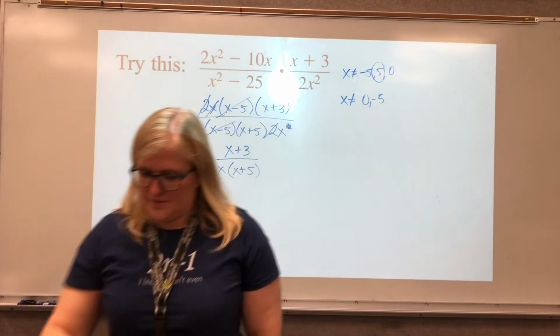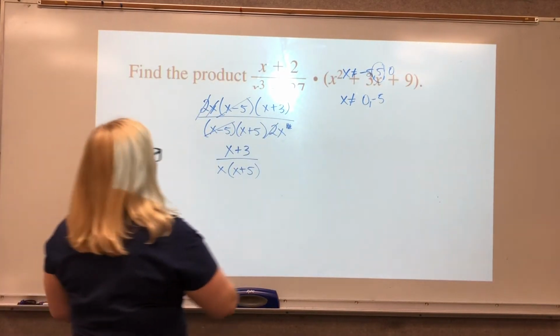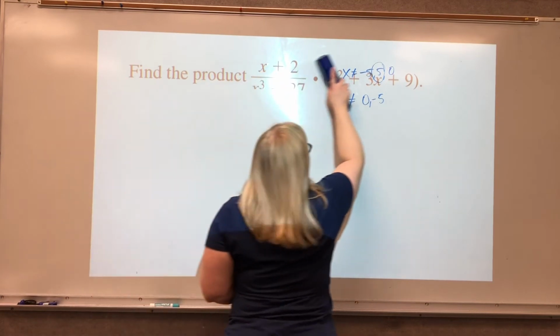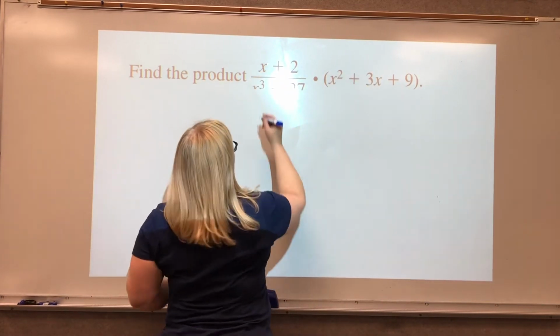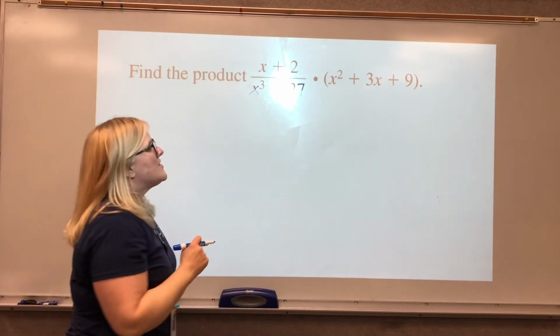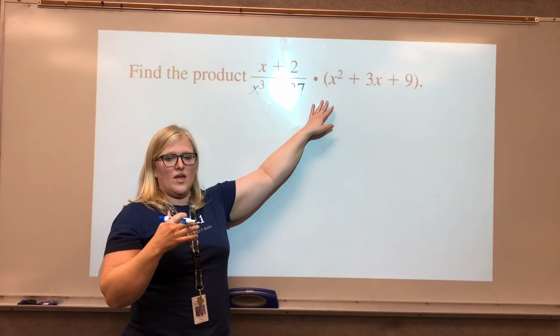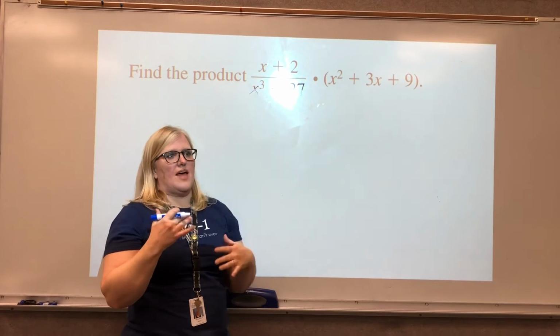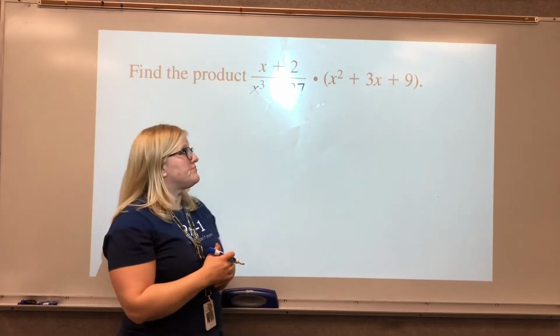All right. Next. I really like this one. This is supposed to be x cubed minus 27. Sometimes what they give you actually helps you with the factoring.